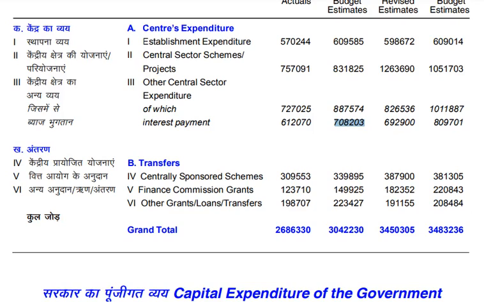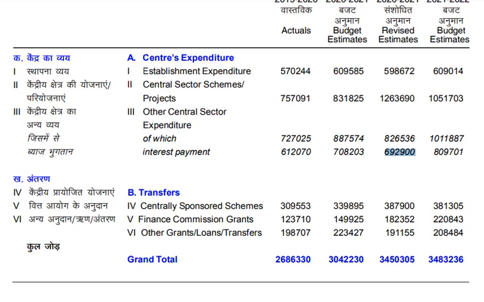This is a huge dent to the finances of any budget. They are trying to reduce it, and they have estimated it would be less, but just have a look at the number.